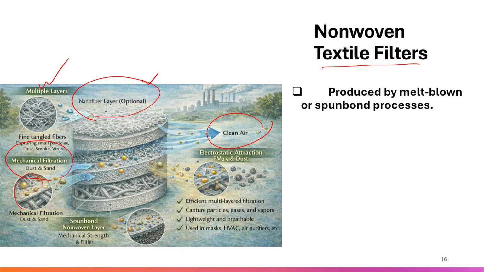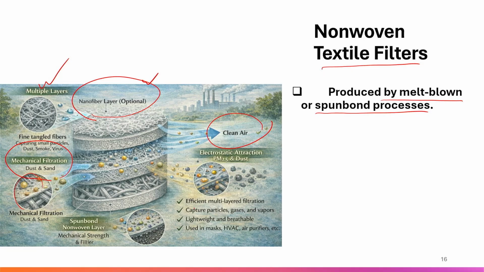Typically for any filtration, in most cases we try to use multiple layers to generate higher filtration efficiency. So, we can use the melt blown or spun bonding process to create nonwoven fabric.